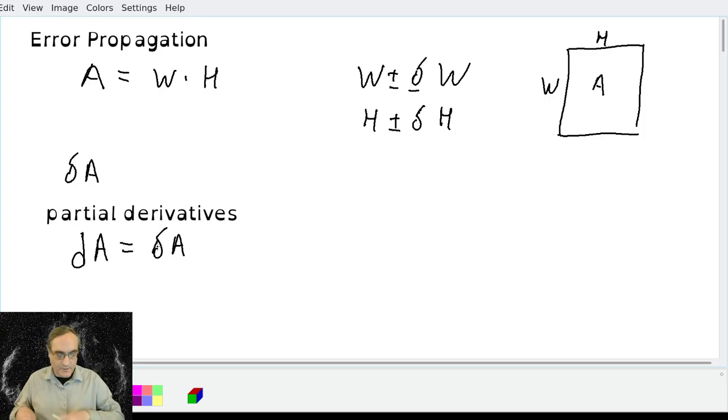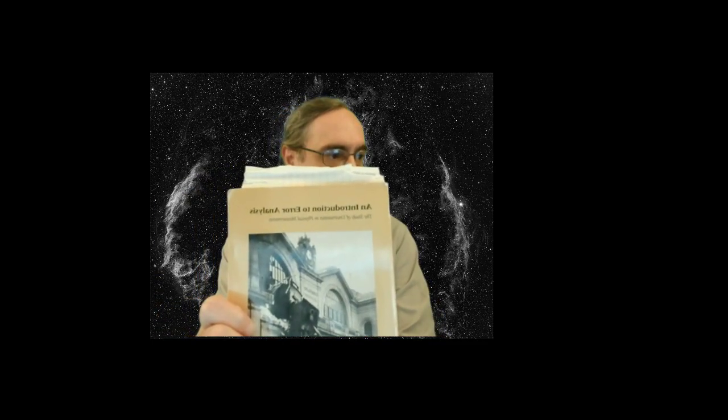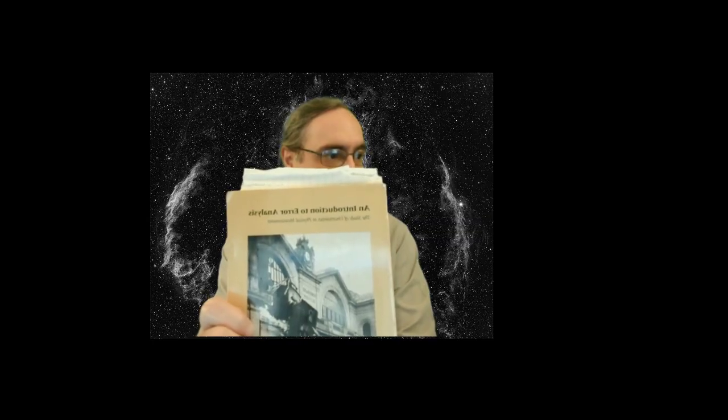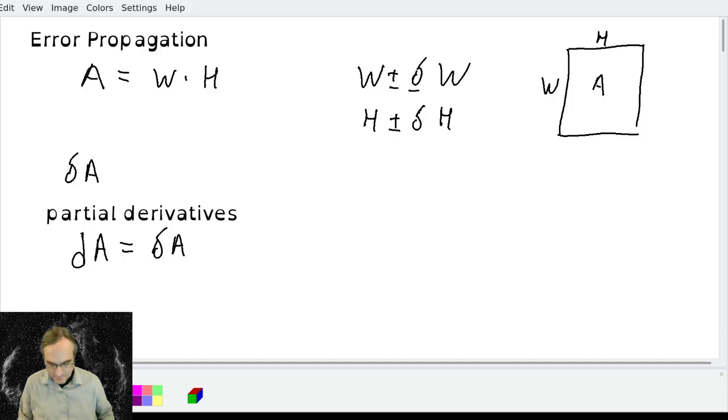If you really want to fully understand this, I may try and make future videos, but this book right here, Introduction to Error Analysis, ooh, didn't realize it flips it that way. You may have a hard time reading that the way it's flipped. But you can look for that title and then this picture if you want to get a copy of it. It explains in detail why and how all of this stuff works.